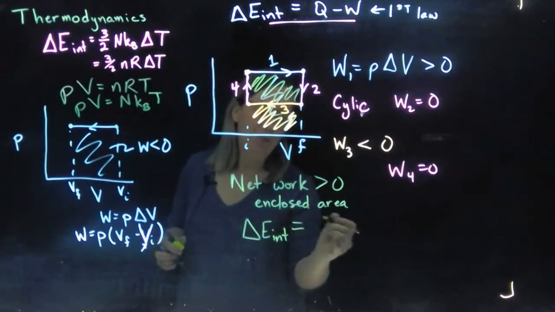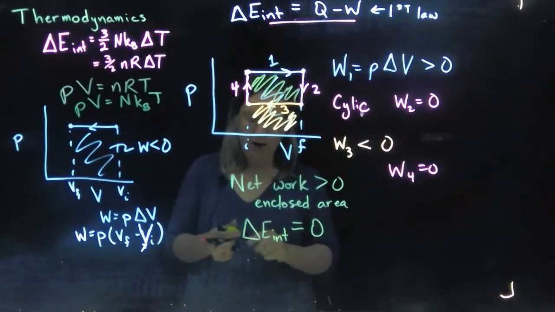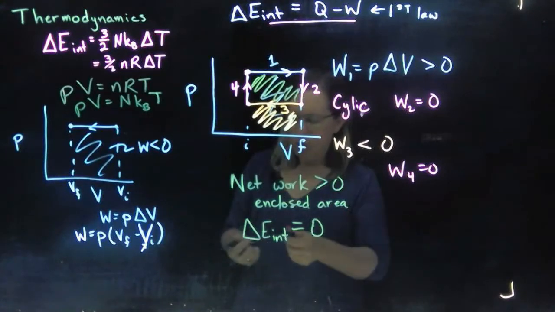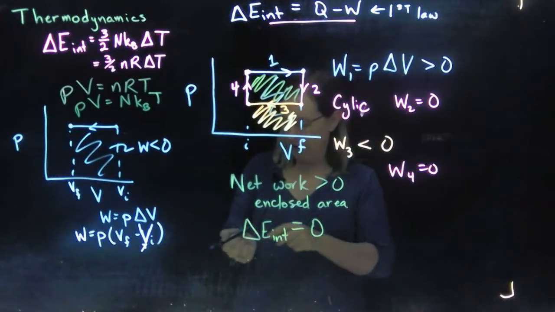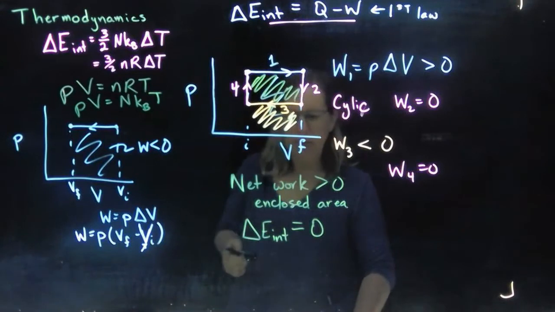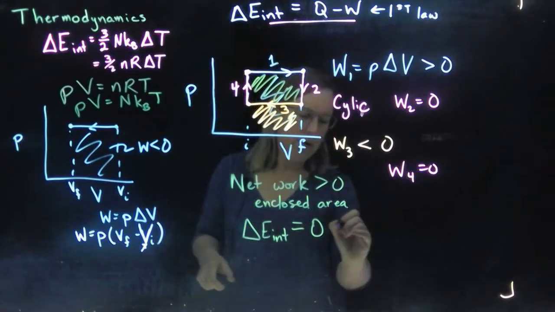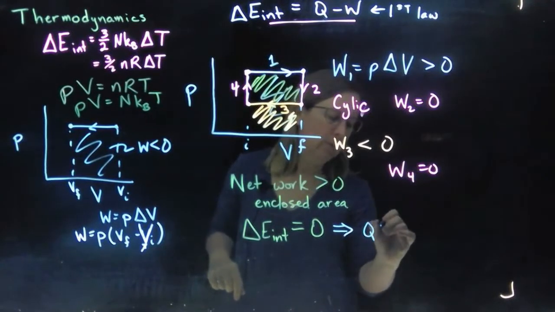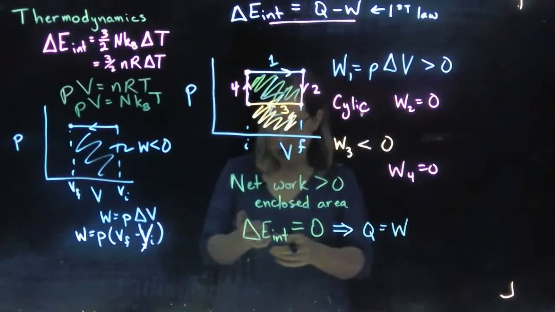So we end up at the same place and our internal energy change is 0. By energy conservation, using the first law, the heat must go into the work.